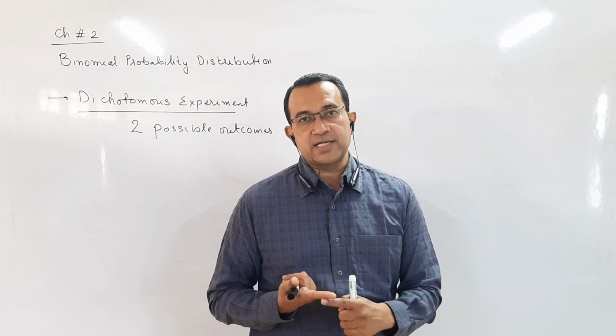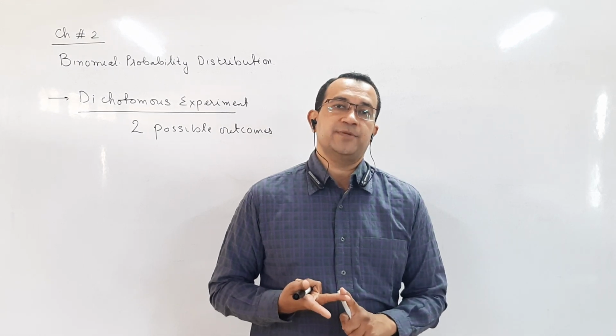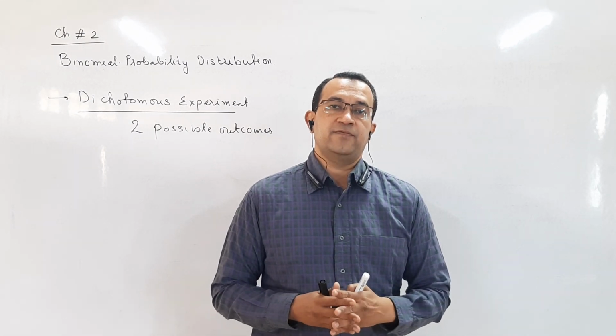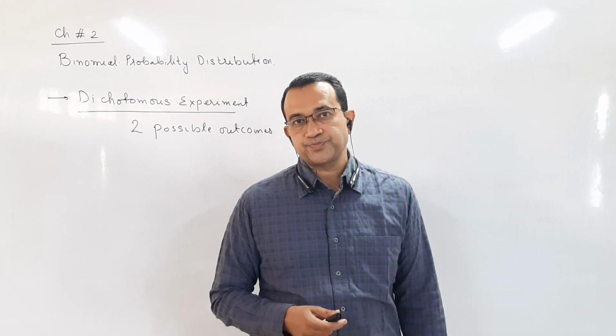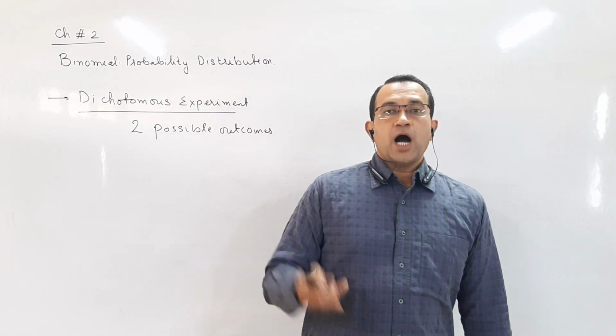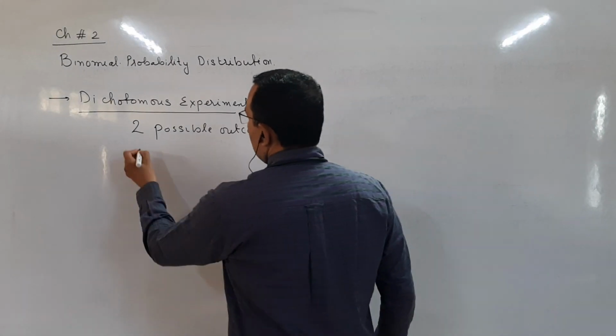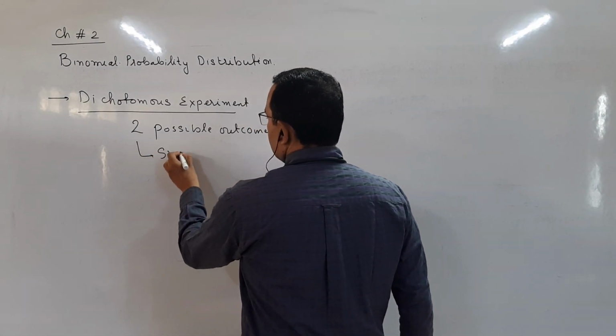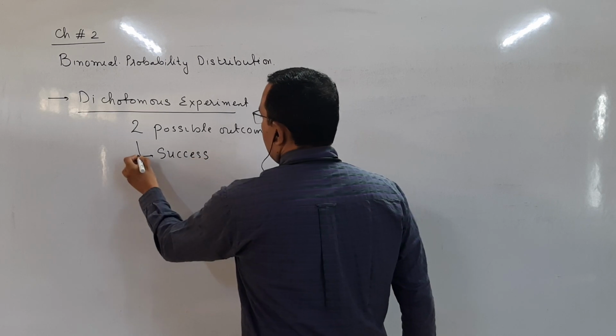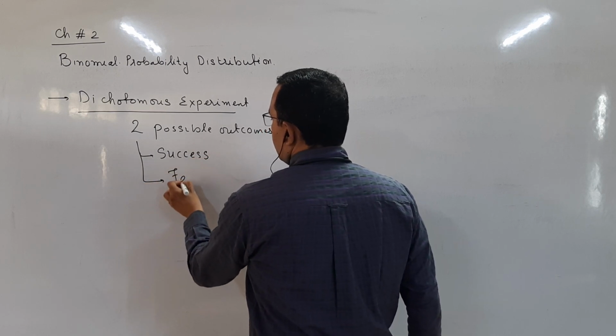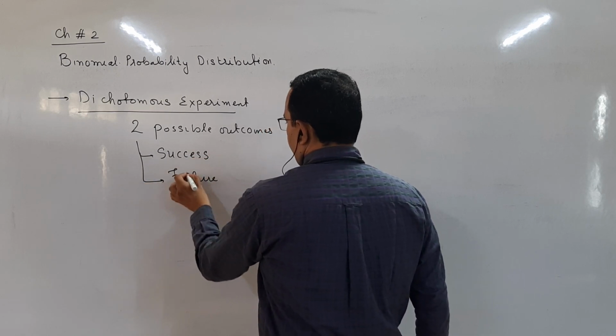Either you pass the examination or you fail the examination. You cannot pass and fail at a time. Now, out of these two outcomes, we call one outcome success and the other outcome failure.